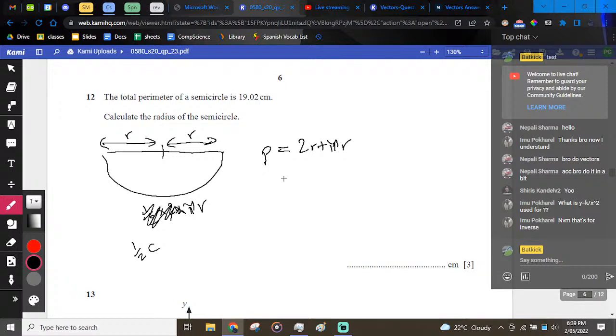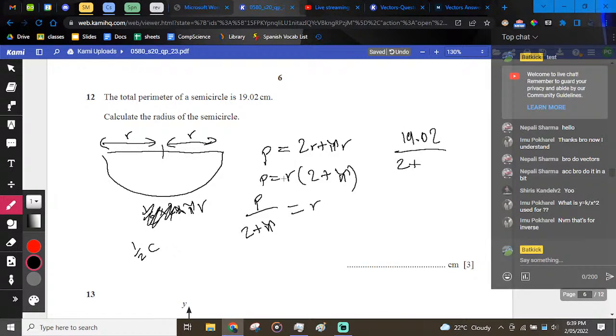I can get r by itself. P equals r, factorizing, times 2 plus pi. And I can now divide this away. P over 2 plus pi equals r. Substitute in a given value of P: 19.02 over 2 plus pi equals r.